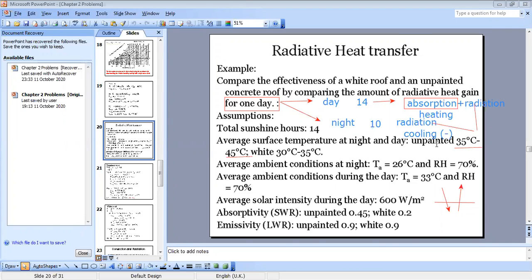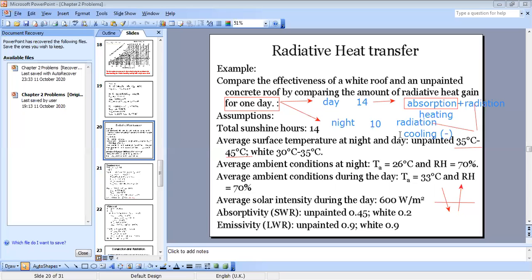And since it's a white roof, why do we paint in white? In general, if you remember in the course material, one of the strategies to enhance radiation is to paint in white. So here we will compare the performance of a white roof and an unpainted roof, and we will see that painting in white will enhance the cooling effect a lot.